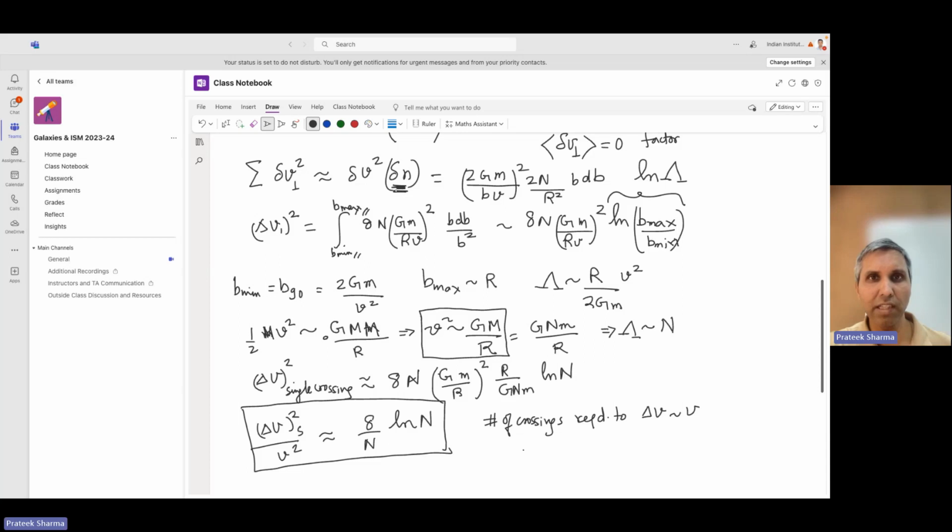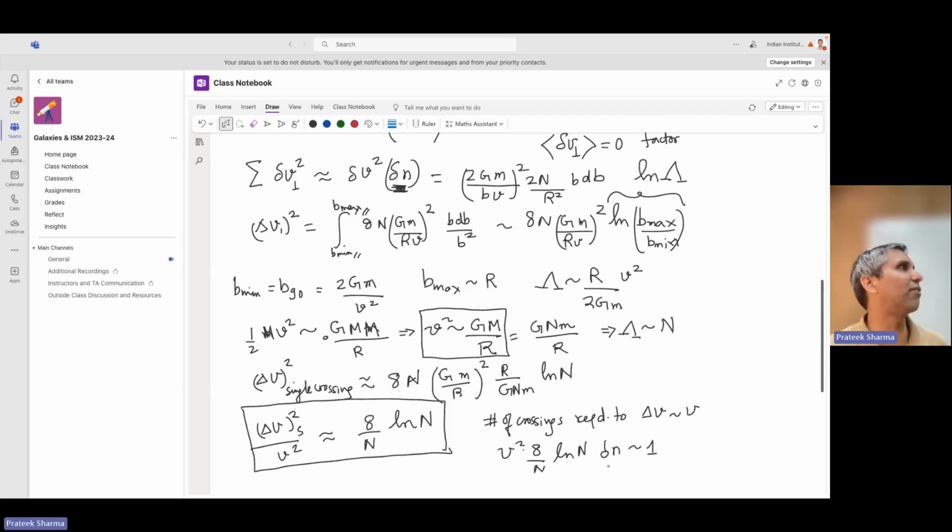So the number of crossings required. We want to put delta V squared, V squared times 8 by n log n, right? So that's just delta V squared times the number of crossings is equal to unity. What I have said is delta V squared by V squared times.